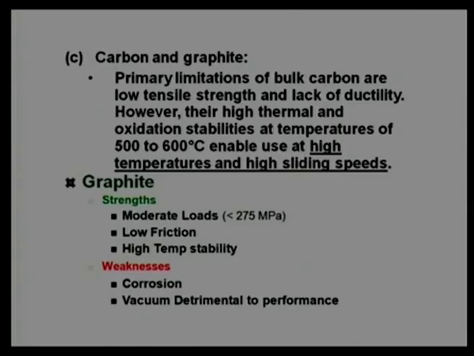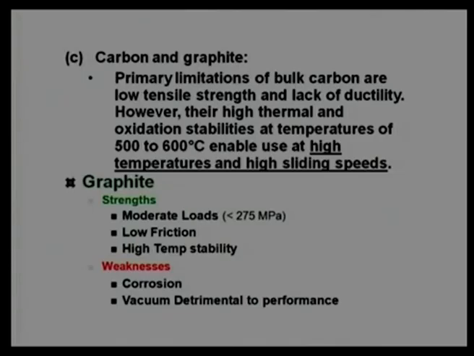It shows a low coefficient of friction and it also has high temperature stability. Many times we say temperature stability can go up to 2000 degrees centigrade. They do not disintegrate, they do not change material properties up to 2000, but if there is oxidation or a lack of moisture, then properties will deteriorate.